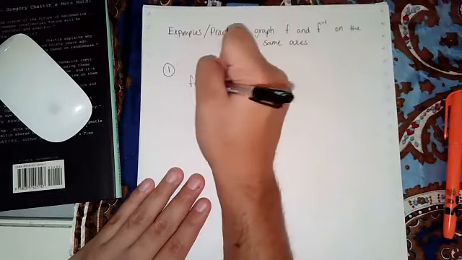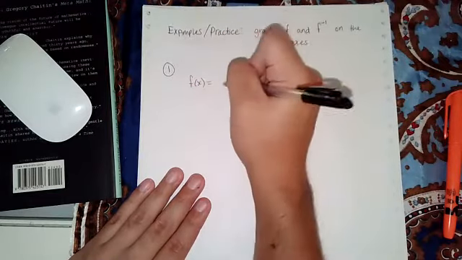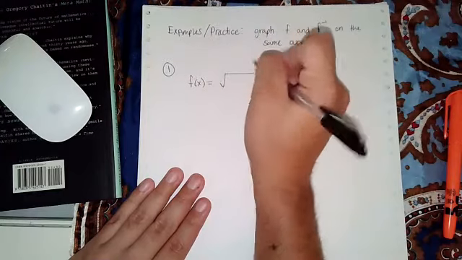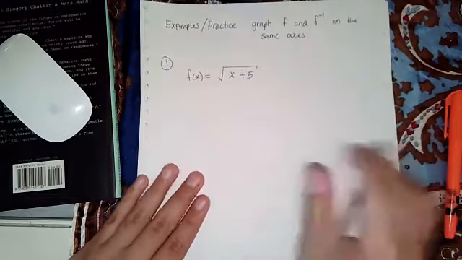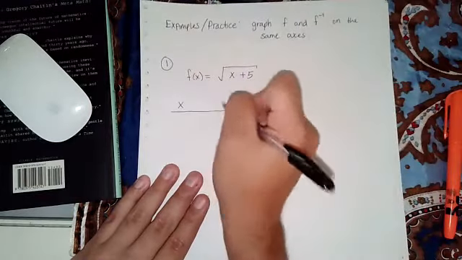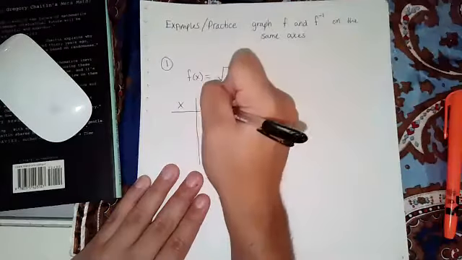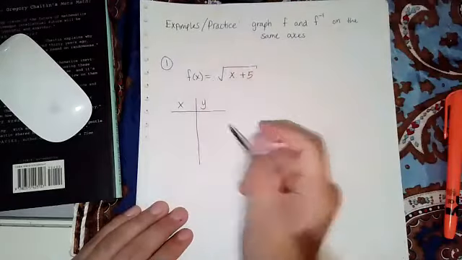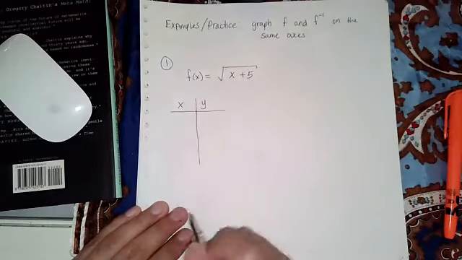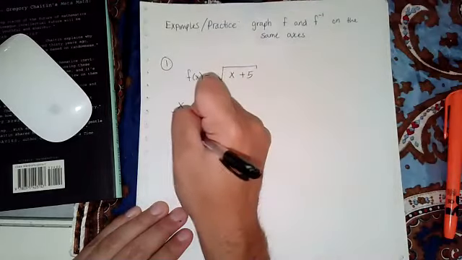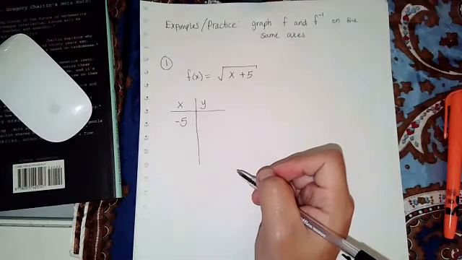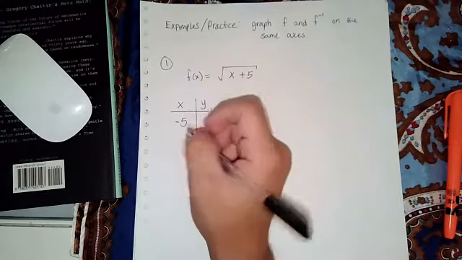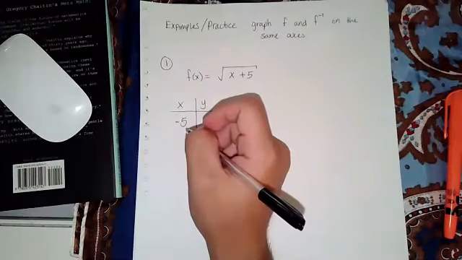The first function is f of x is equal to x plus 5. And to start you off, I'm going to give you the inputs to throw into this function. I want you to start with -5. And then I want you to go with -1.